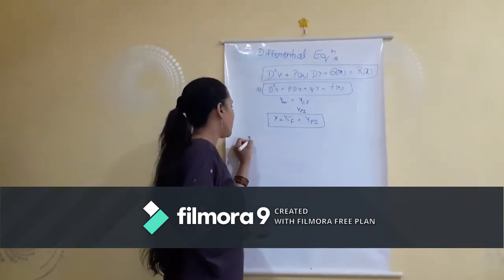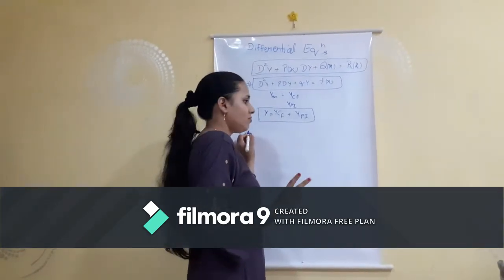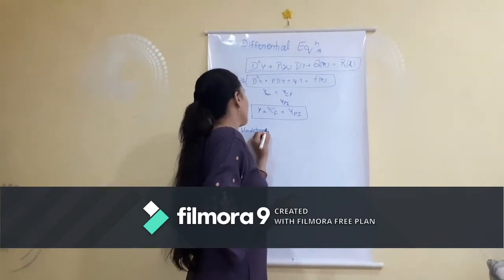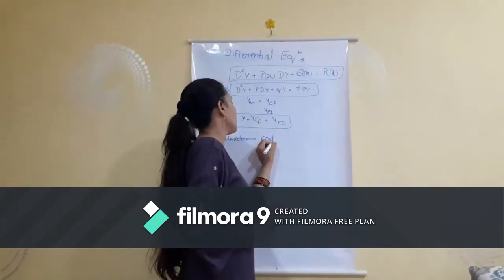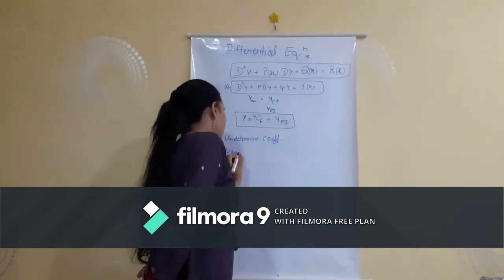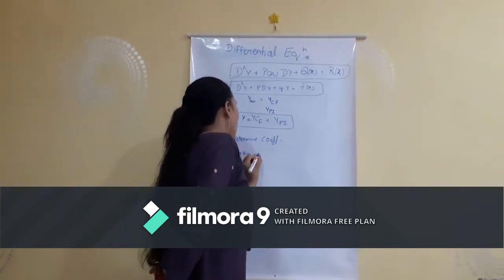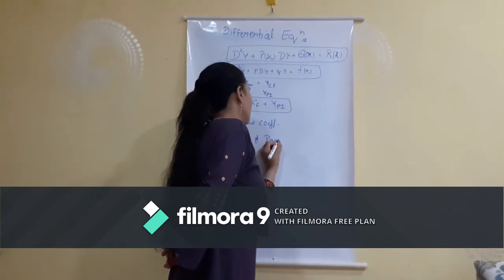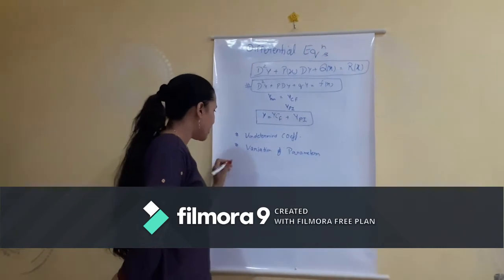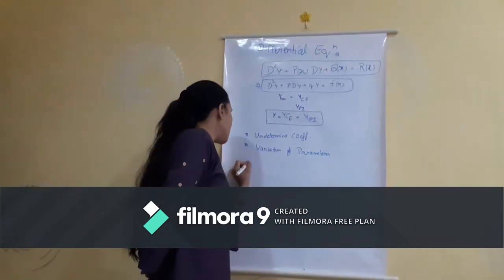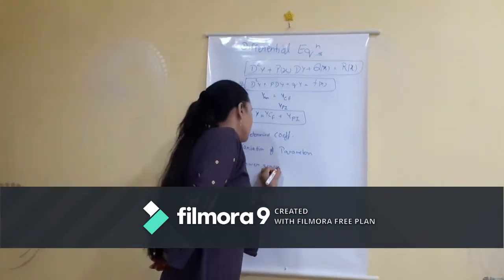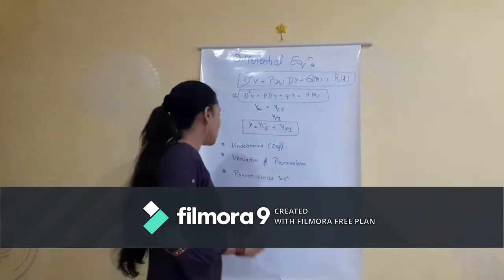For example, very first we have undetermined coefficients, and then a method called variation of parameters. Then further we have power series solutions as well.